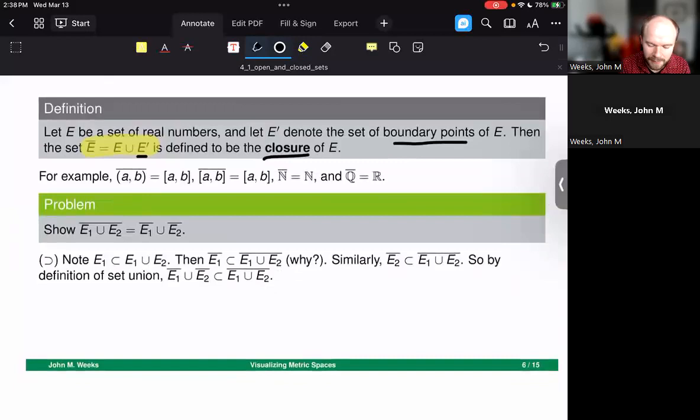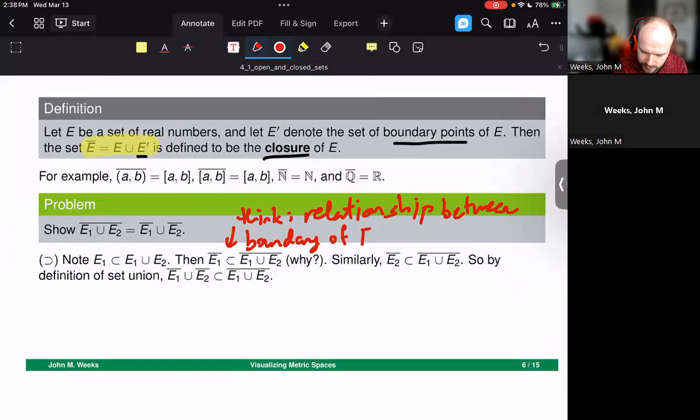So the real thing to think about here is, is there a relationship between the boundary of E1 and the boundary of E1 union E2?